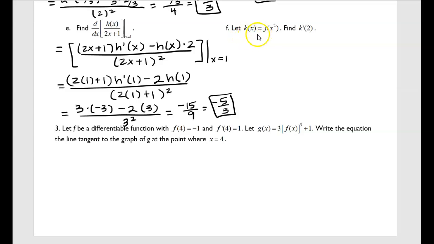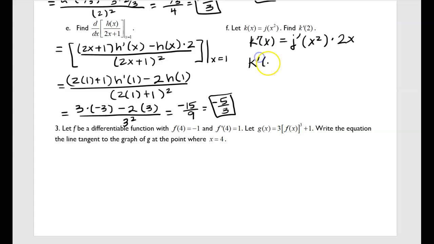Okay, in part F, we have k of x equals j of x squared, and we want to find k prime of 2. Because there's a function inside of this other function j, we will have to use chain rule here. So k prime of x is j prime, derivative of the outside, leave the inside the same, x squared, times the derivative of the inside, 2x.